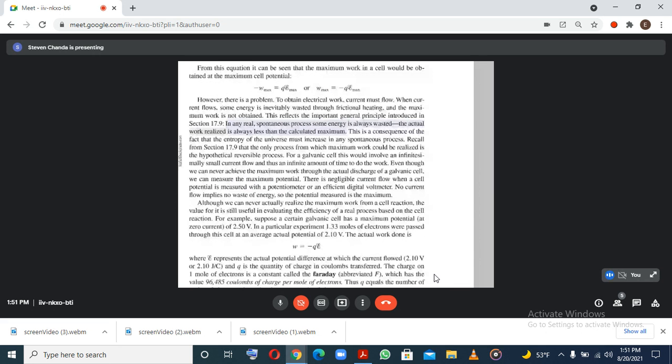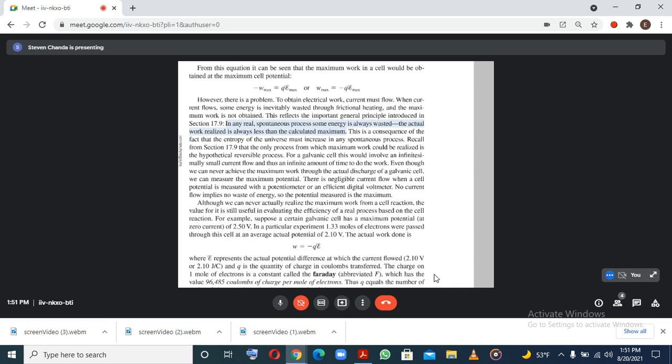Now, the other thing we have to take note of is that when current flows, energy is going to be wasted. I gave an example of when you are ironing. Depending on the kind of iron you are using, you may find that the cord, the cable, gets relatively soft because of the heat.